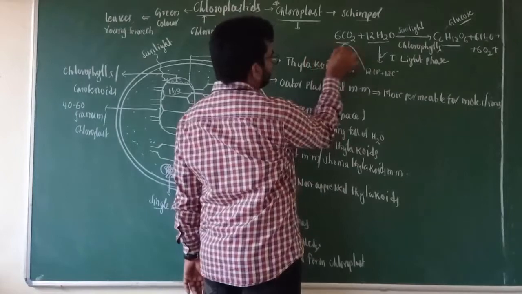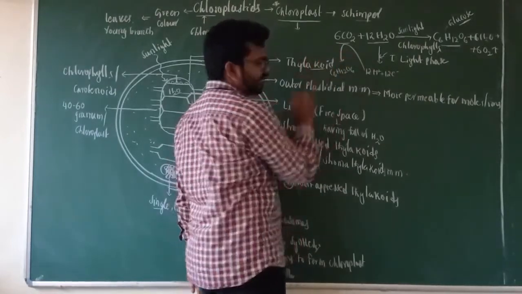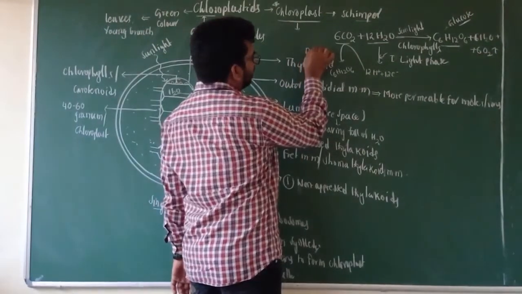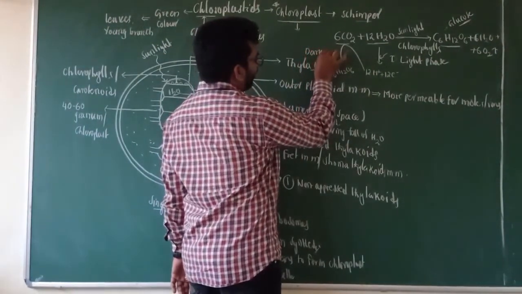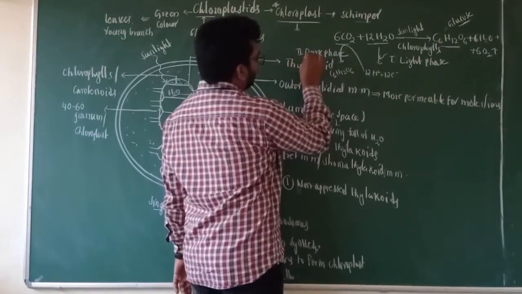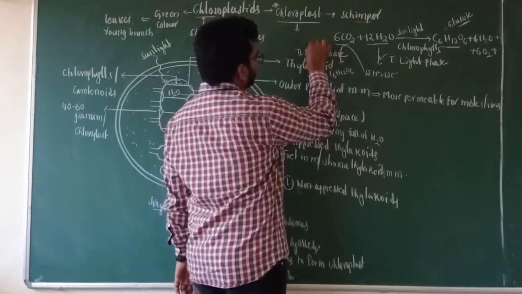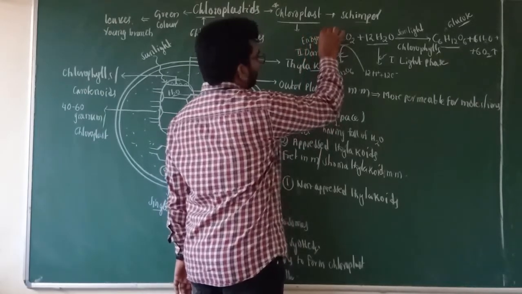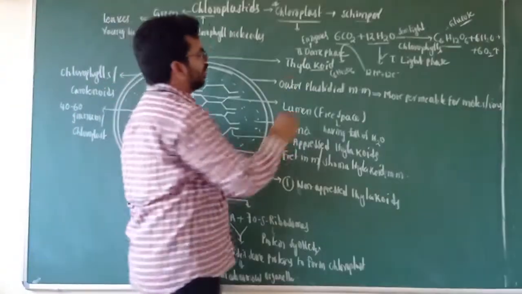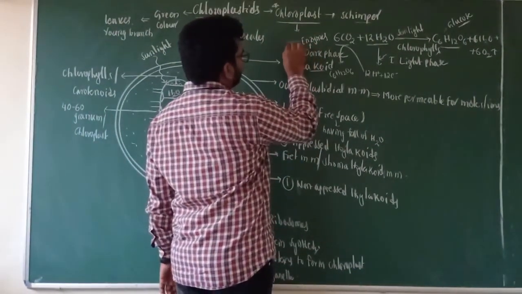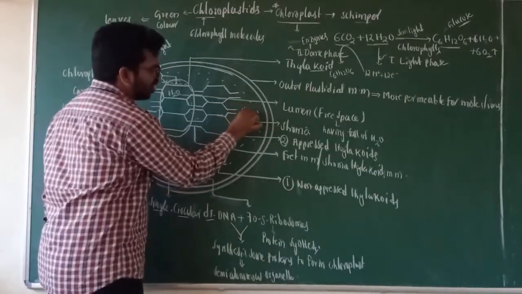Those enzymatic or biochemical reactions we call the dark phase of photosynthesis. It is the second phase and it is controlled by enzymes. These enzymes are present in the stroma of the chloroplast. That's why the dark reaction occurs in the stroma of the chloroplast.